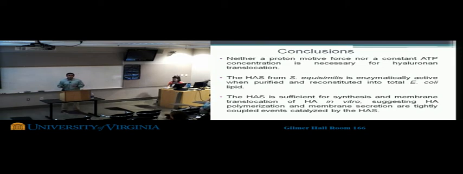Most major macromolecules, proteins and DNA and RNA, are exported out of the nucleus or into the endoplasmic reticulum by a different set of enzymes than the ones that actually make them. Here we see that the hyaluronan is actually made and exported by the same enzyme, which we haven't really seen much of in biology.